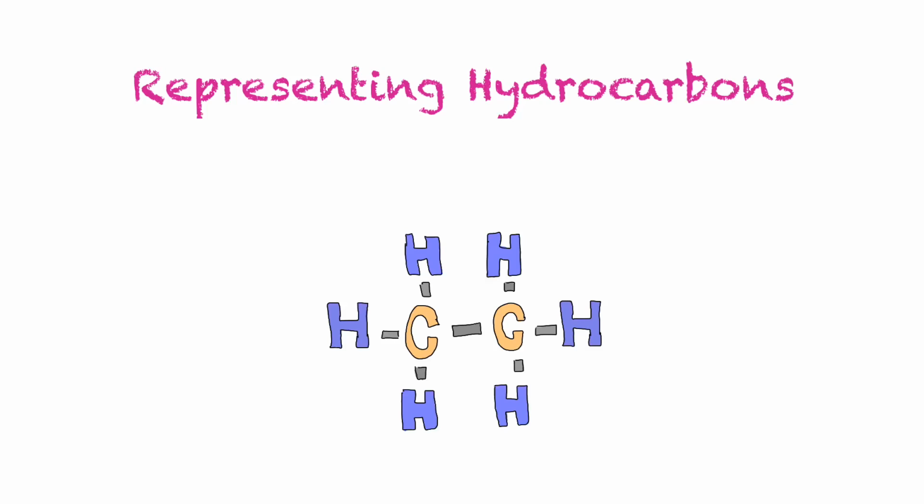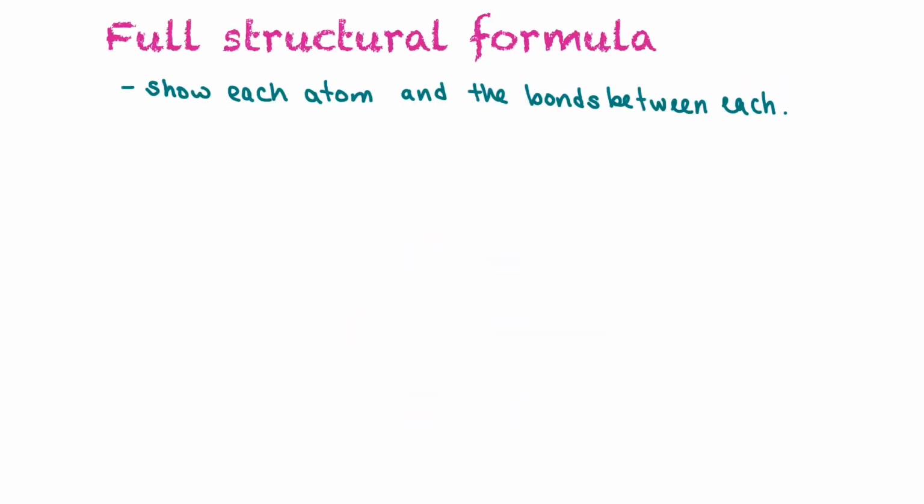The structural formula is the most informative of the three types of formula because it tells us where the carbons and the hydrogens and the other parties will be bonded to one another. The full structural formula shows us each atom in the molecule, and the bonds between each atom.